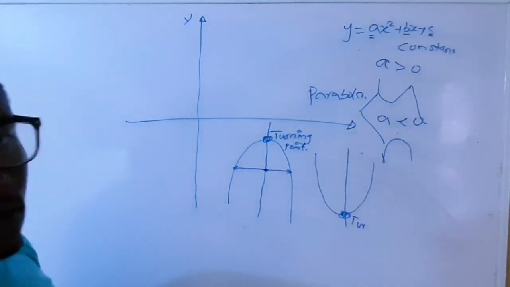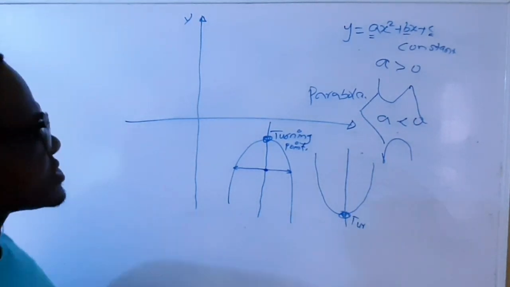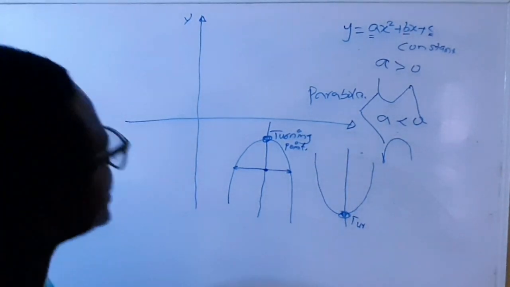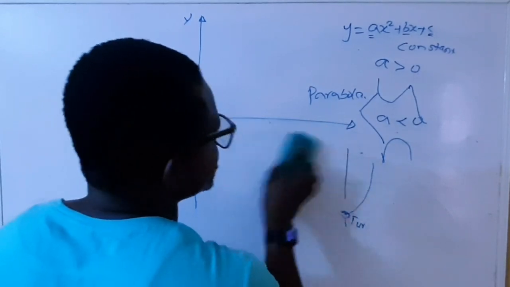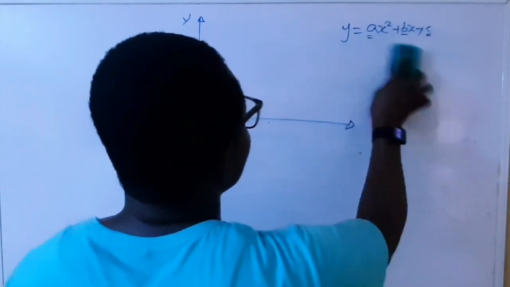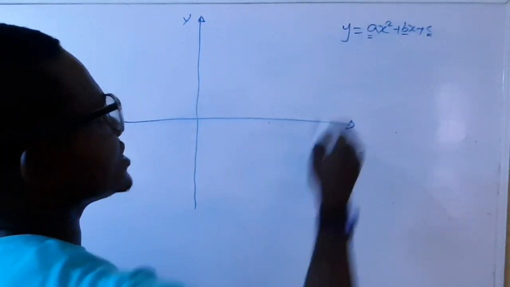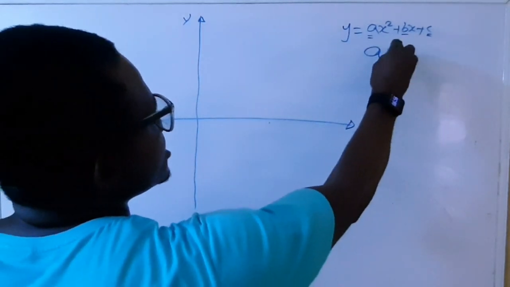So when they are asking you, and if you are not asked, let me now replicate this on this graph here, so that you will be able to know what we are seeing. Let's say I prepare my table for this function, and a is greater than 0, which is going to give me a U shape.